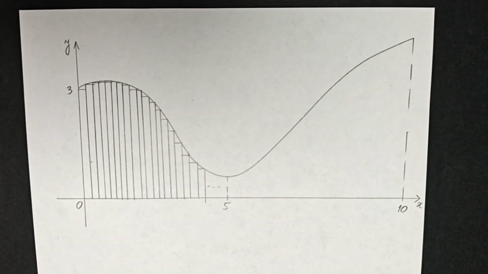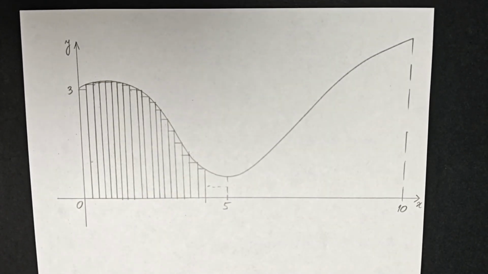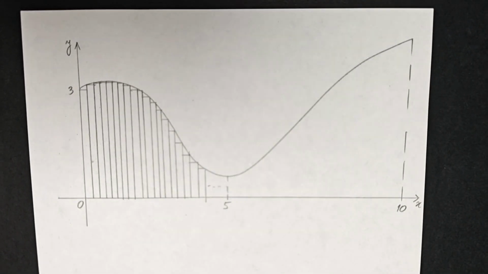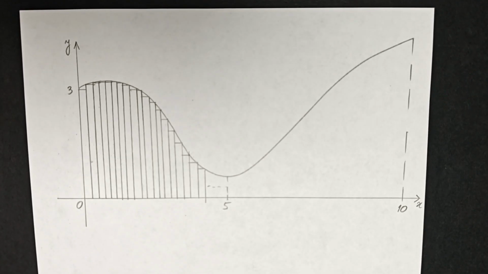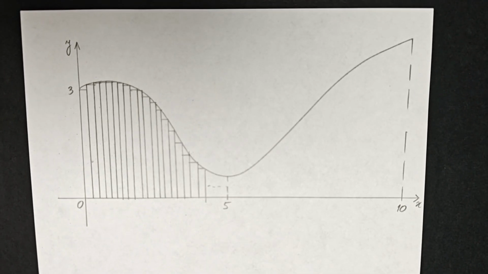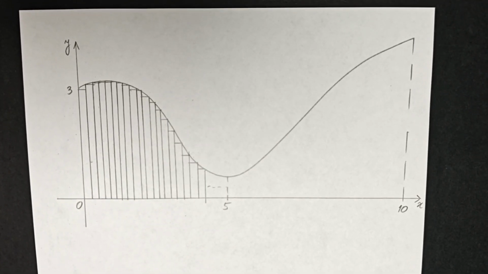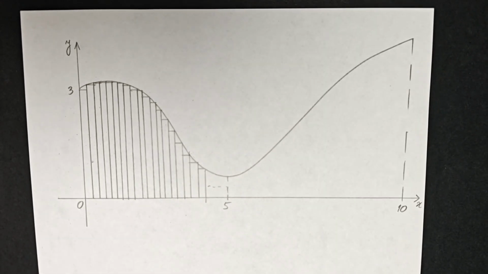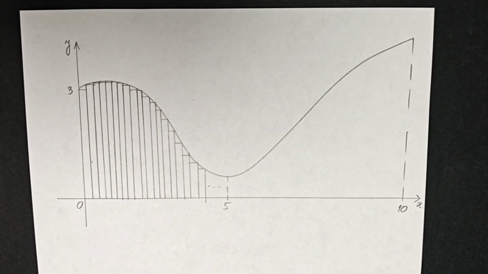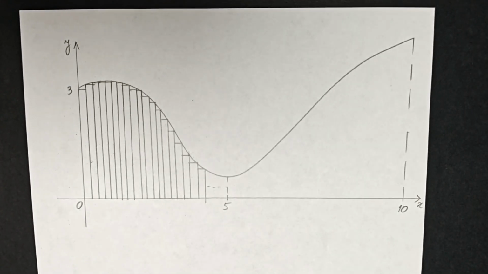As you can see, I am still working with rectangles, nothing has changed. There are just more of them, and that is making my approximation better. The idea here is that if you want a better approximation for the area of a shape, you have to use finer rectangles. The finest rectangle that you can make is the one with an infinitely small base.